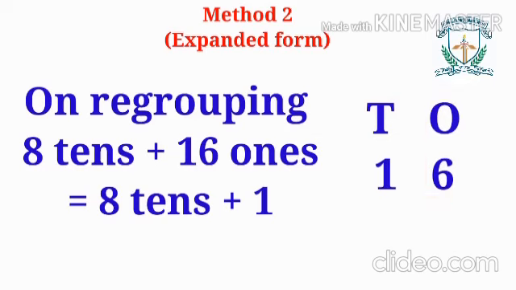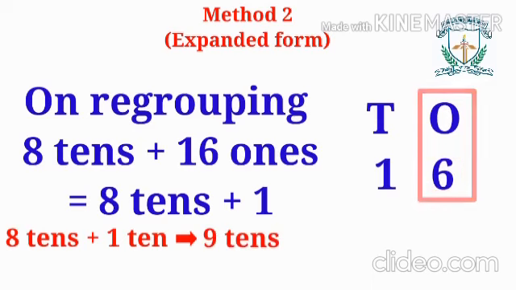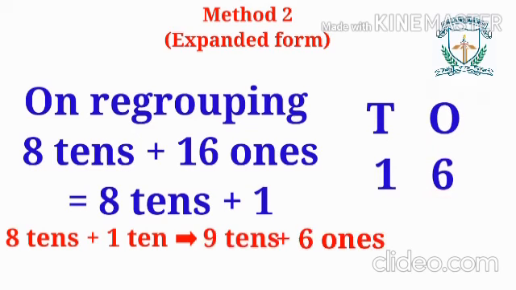So, we have to group and add both the tens place digits. Then we will get 9 tens. And the remaining digit 6, which is there in ones place, must be written as plus 6 ones.